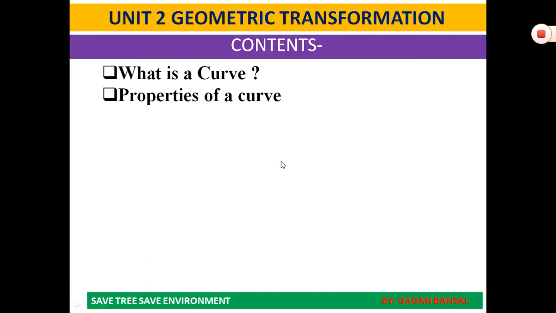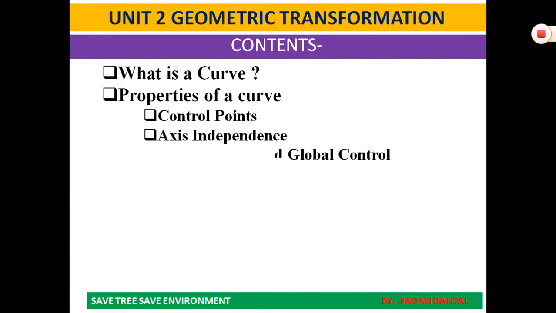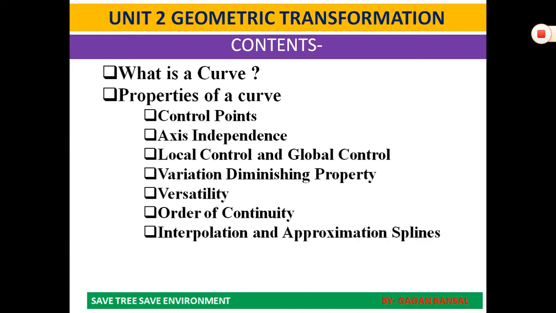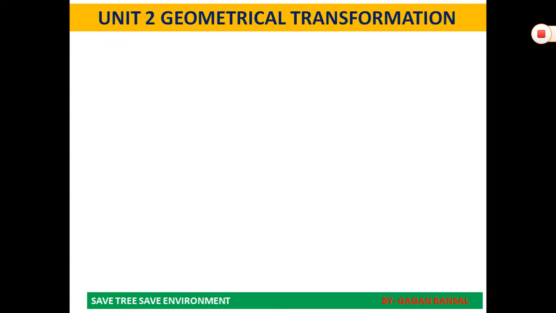So we will be taking certain properties like what is control points, what is axis independence property, what are local control and global control, coordinate systems, what is variation diminishing property, versatility, order of continuity, interpolation and approximation splines. So let's take the topic one by one.